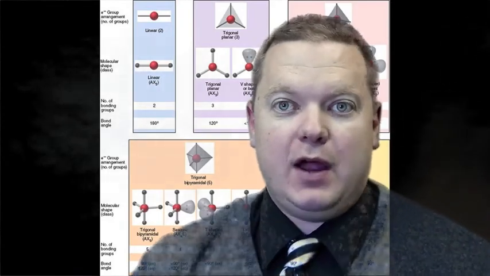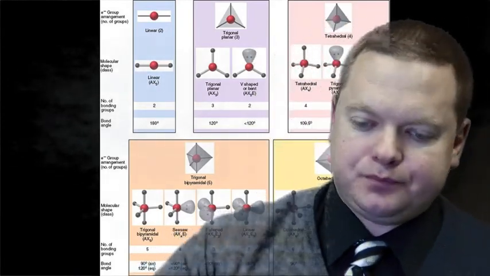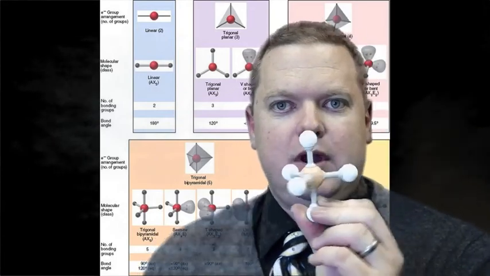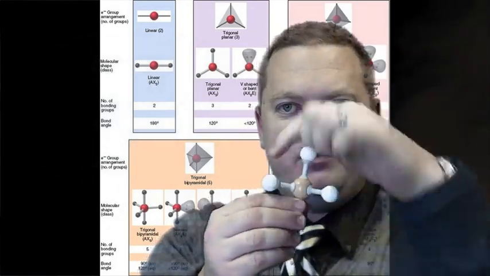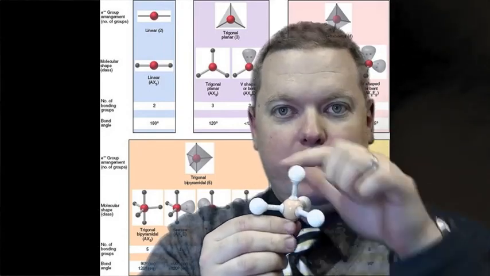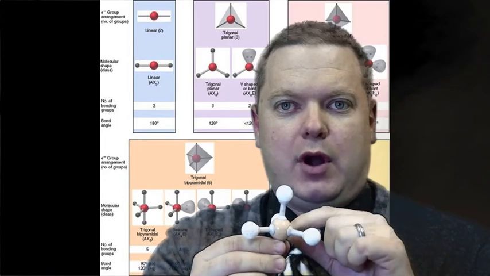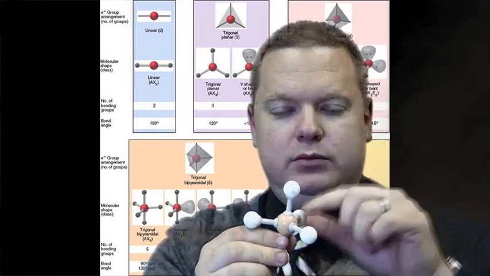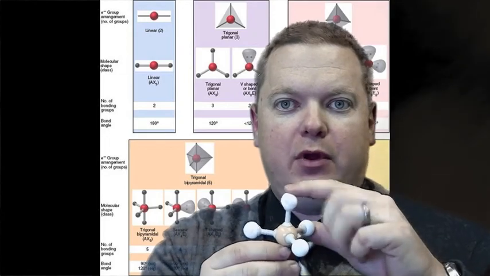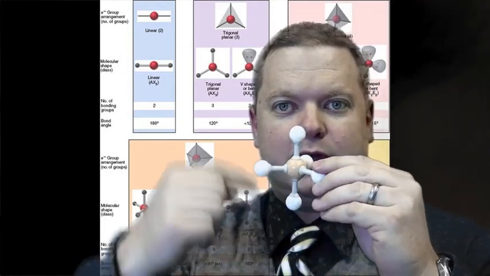If we have 5 things bound around the central atom, we are going to get this. Again, we have a 3-sided base here. If we completely enclosed it, then we would get a bottom, a triangle, and up to the top, it's going to be a pyramid. So it's trigonal pyramidal, but there's 2 of them because there's the one on the top and the one on the bottom.